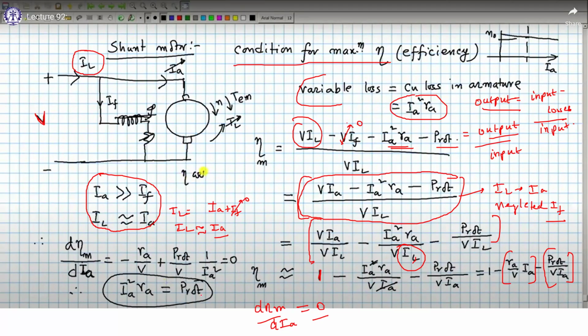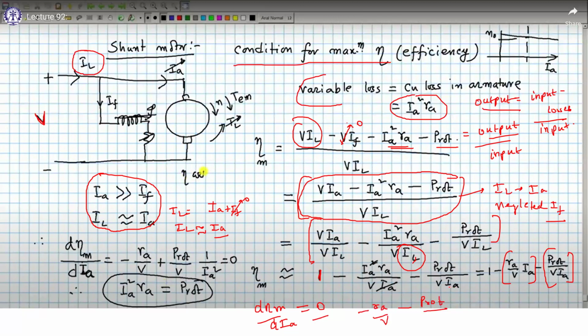Okay, so if I do the derivative of this with respect to armature current, it becomes minus RA by V, because the derivative of IA with respect to IA is 1. Then minus the rotational loss term, which is minus 1 by IA.